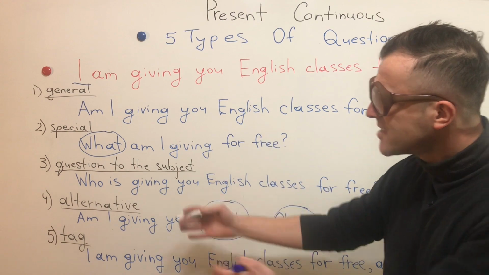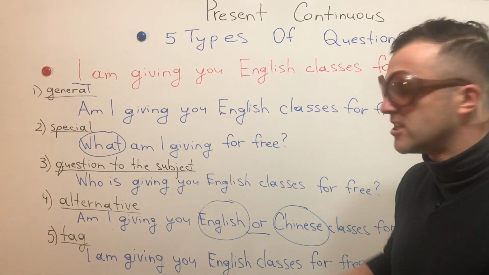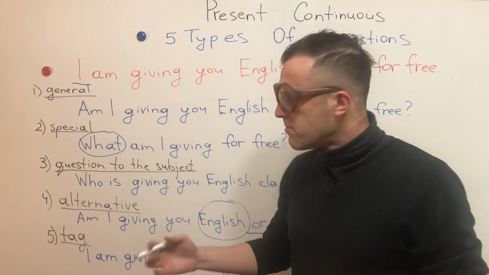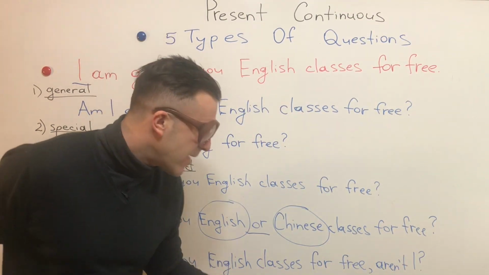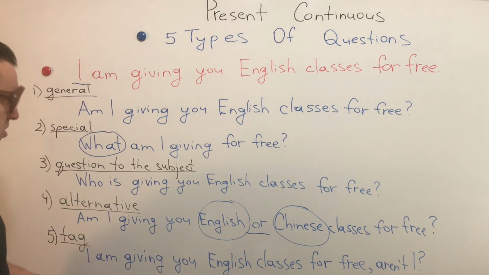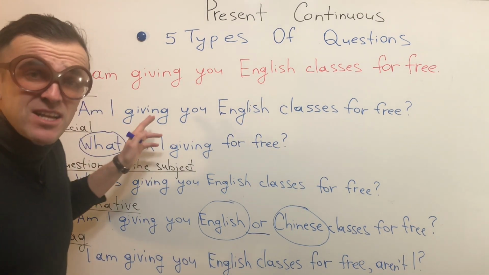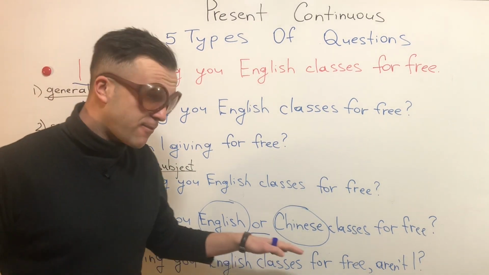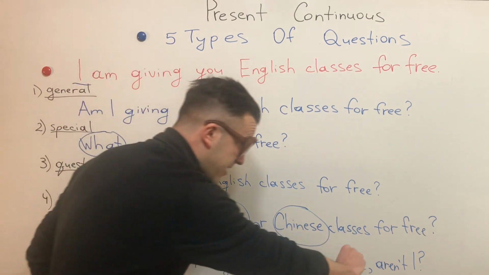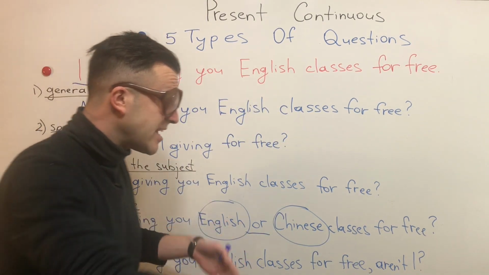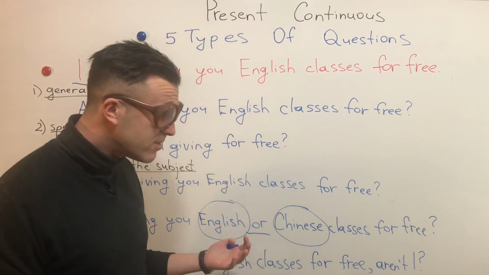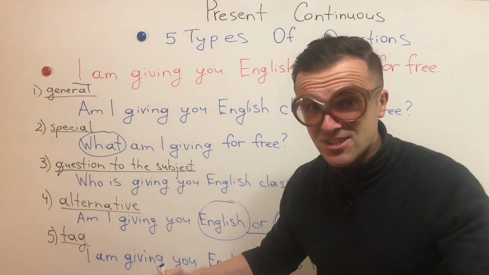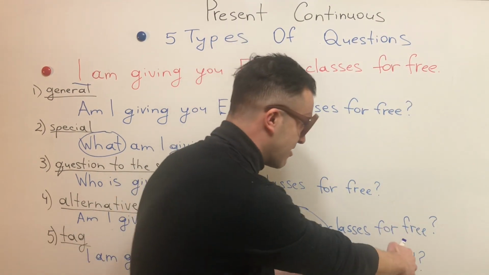Okay, and the last question is a tag question or a disjunctive question, which is formed by means of the question tag. Okay? So let's write the same sentence once again. I'm giving you English classes for free, right? Then we put a comma and we add a question tag. So how can we add the question tag? If the sentence is positive, the question tag must be negative, alright?